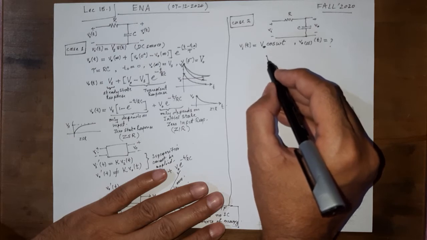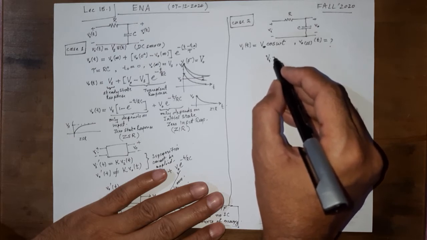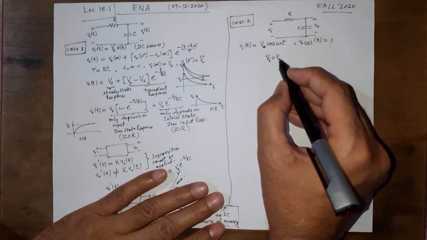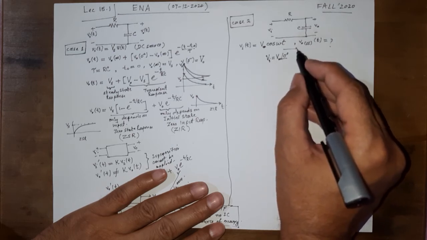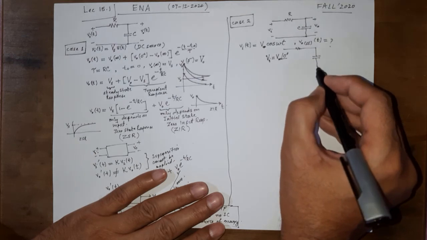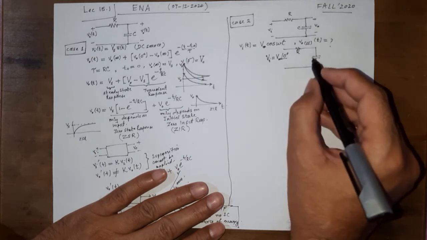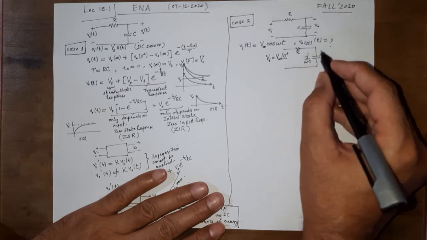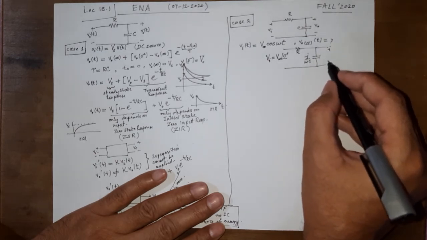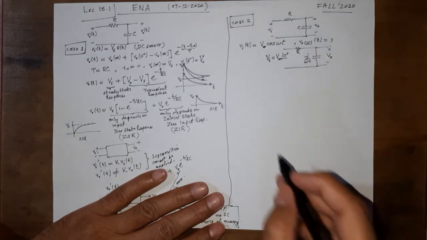That is, the input capital Vi would now be equal to the phasor quantity Vm angle 0 degree. Then we have in the frequency domain R as R and C as minus j over omega C. And the output would now be the capital V naught.